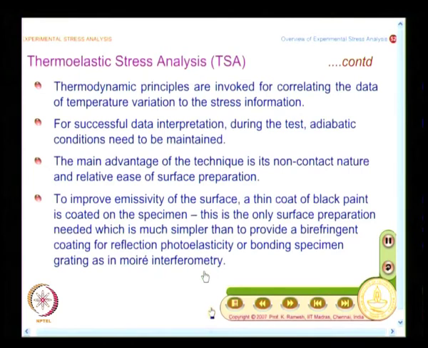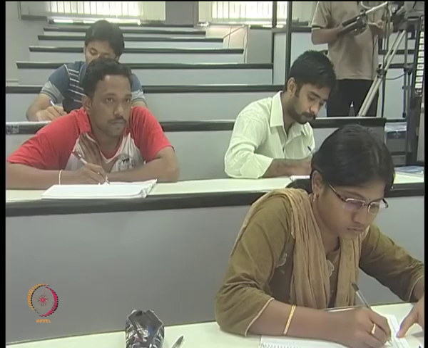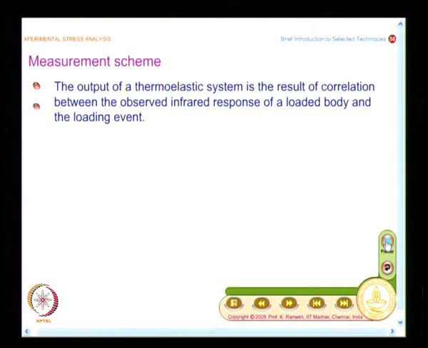Unless you do it with care, you will not be able to get reliable experimental results. And people have combined thermoelastic stress analysis with photoelasticity and tried to find out stress separation, and all those exercises have been done. And it is desirable that you have a look at what is the measurement scheme employed here. That will give an idea how you go about it.